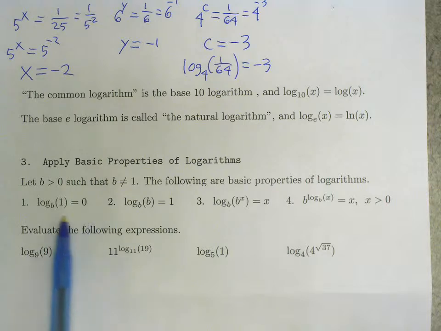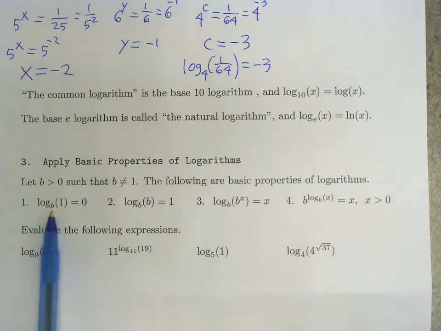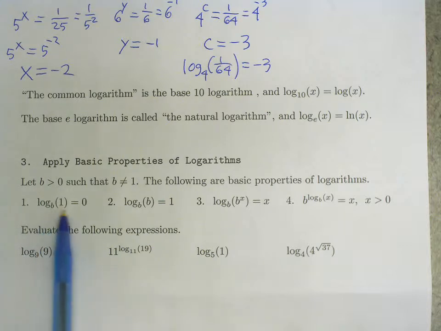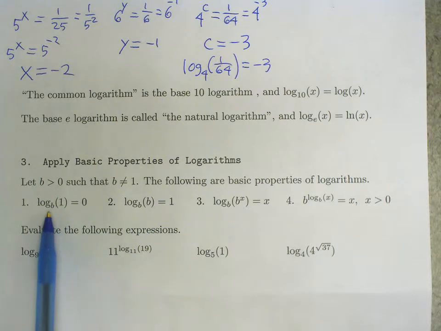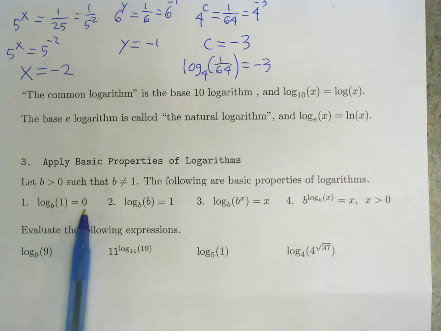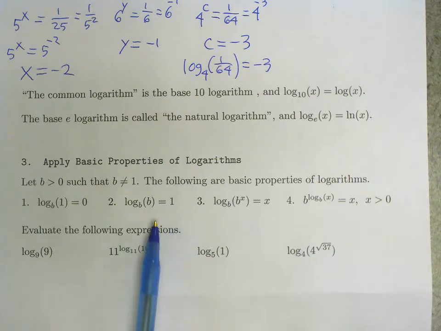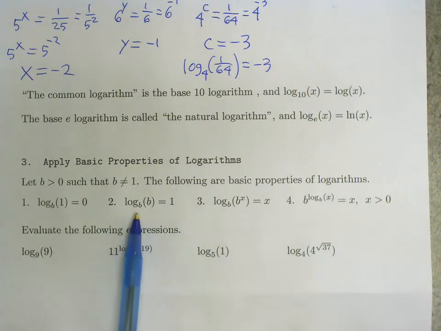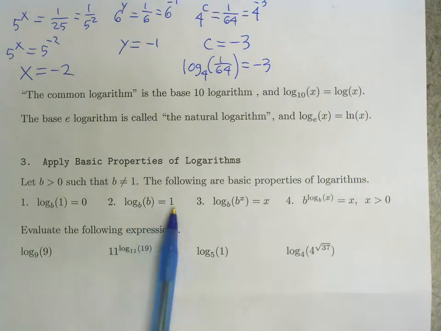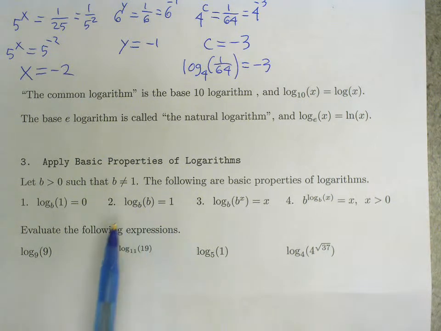We encountered this earlier, but you can verify it. B raised to the exponent 0 equals 1. We know that's true. Any non-zero number raised to the exponent 0 is 1. And we also saw this already today. Log base b of b equals 1. This means the same thing as the base number b raised to the exponent 1 equals b. We also know that's true.